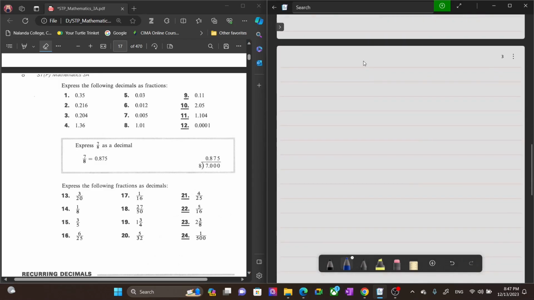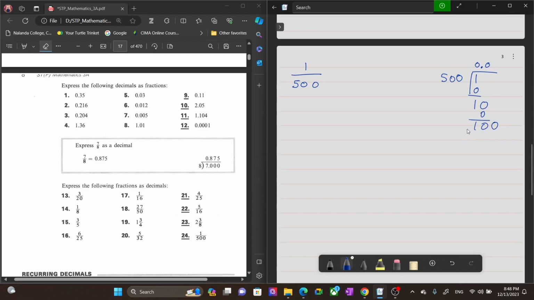Let me do the 24th one also: 1 over 500. So we have to divide 1 by 500. Simple. How many 500s are there in 1? 0. We put 0. 500 times 0 is 0. Subtract, we get 1. We get another 0 by putting a decimal point here. Are there any 500s in 10? No. Again we put 0, subtract, 10 again.